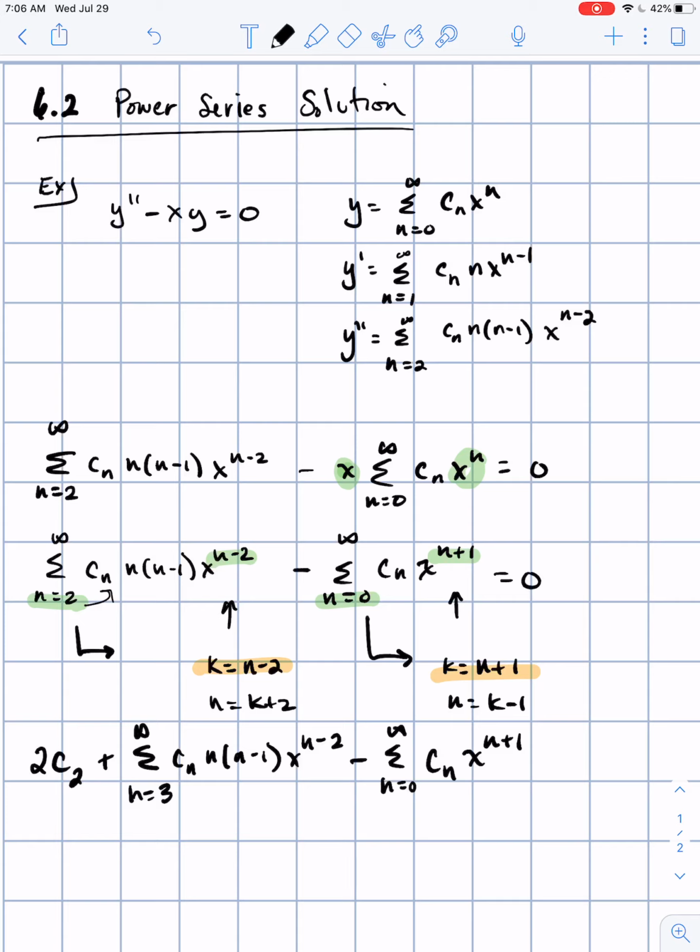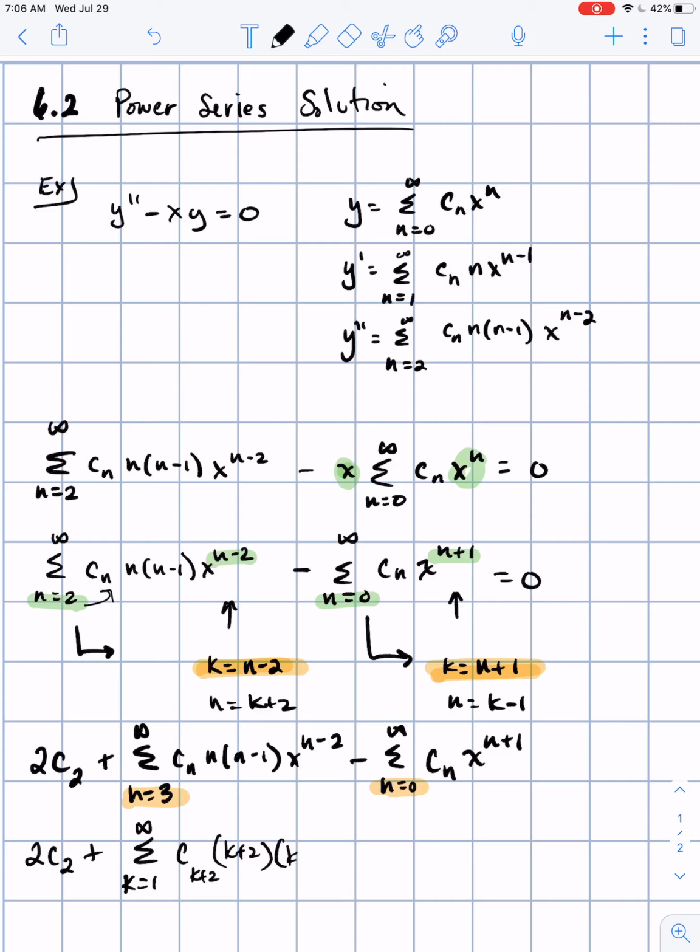Also, I'm going to replace the starting value. So you can see here and here are going to change as well, because now if I plug in 3 into this equation and plug 0 into this one, both series will start at 1. So k equals 1, c sub n is c sub k plus 2.